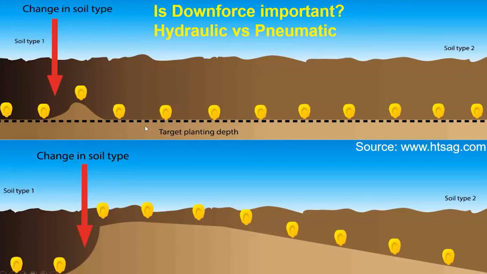This is an up-to-date system, in which we have two types of downforce for the planter. One is hydraulic downforce, and another is pneumatic downforce. The pneumatic downforce is the older version, and its time response was close to 20 seconds.